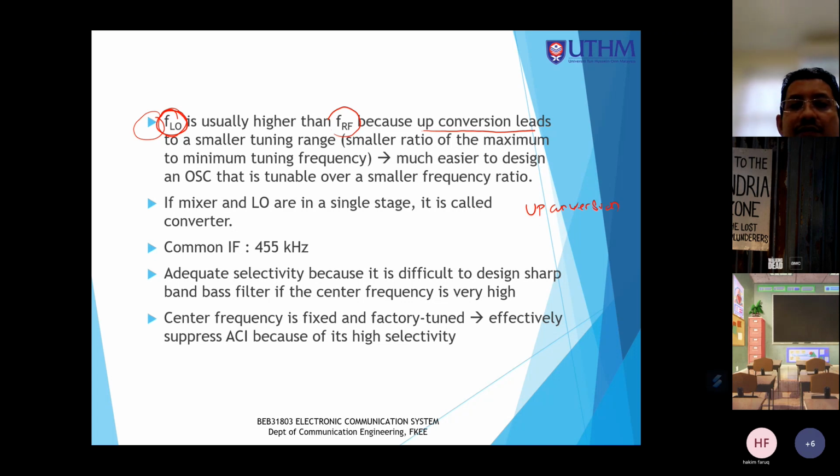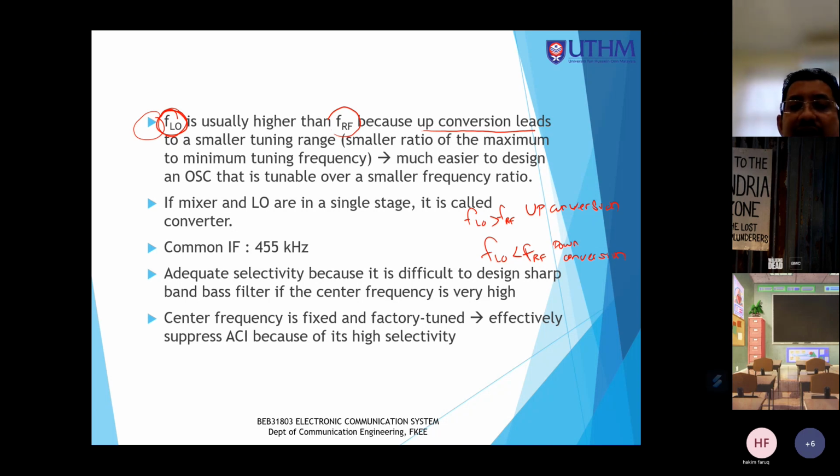Okay. So up conversion if FLO larger than FRF. However, if FLO less than FRF, kita panggil sebagai down conversion.